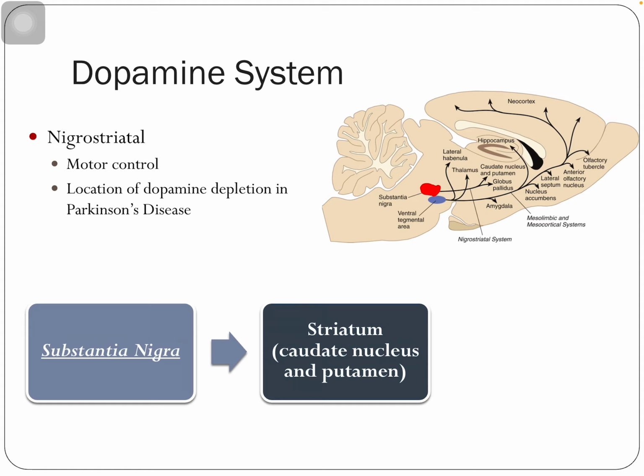And I talked about in previous lectures that the substantia nigra is dark in color. The reason why, if you were to do an autopsy on a person and they had a healthy, intact substantia nigra, is that this particular area of the brain is dark in color because it's producing dopamine.